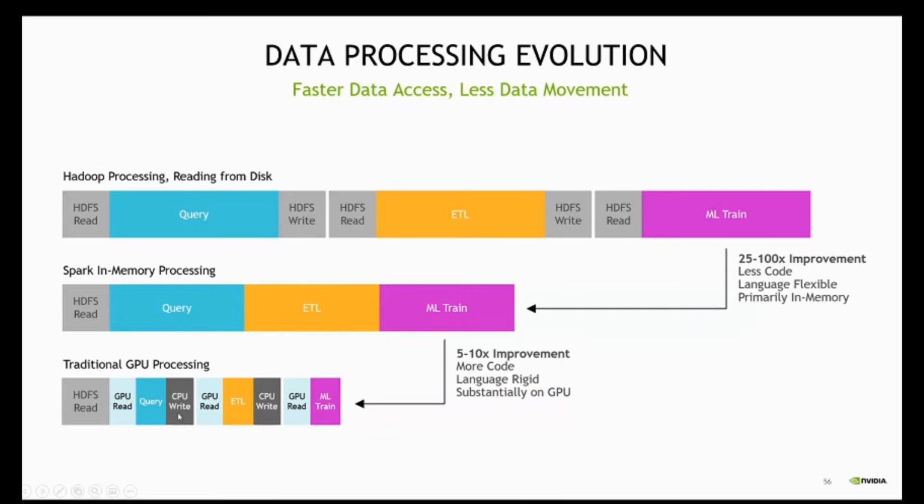Then again you read it back into GPU memory, do ETL, and so on. This again brought a lot of the problems we saw in the first pipeline. So how do I address all these GPU reads and writes? Can I apply similar paradigms of Spark in-memory processing to improve this?